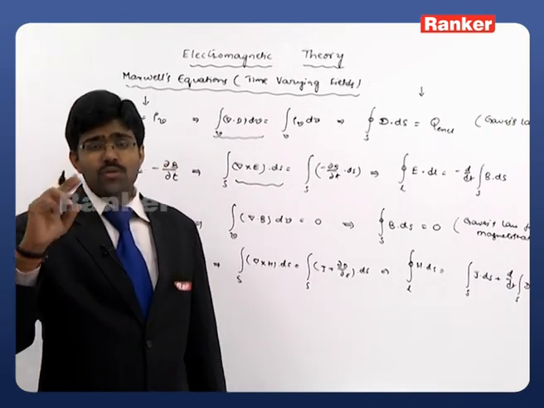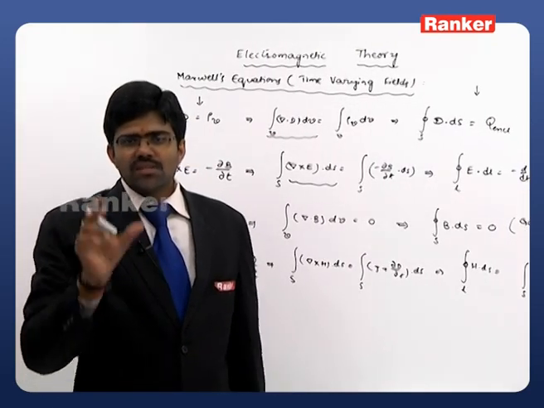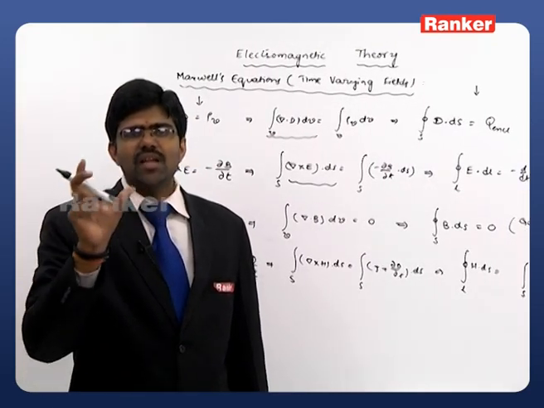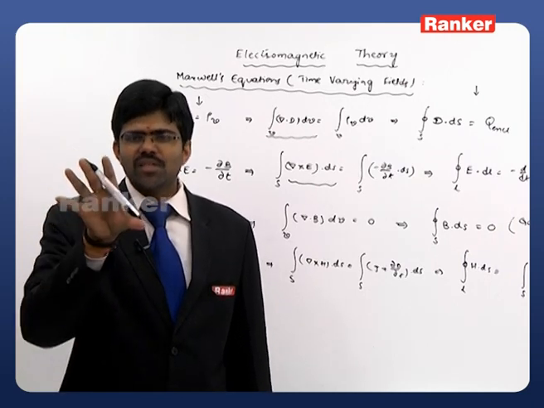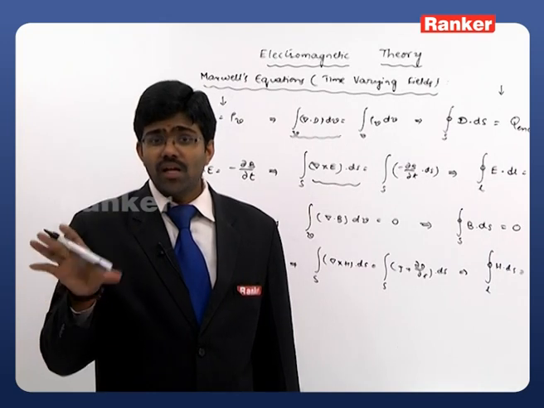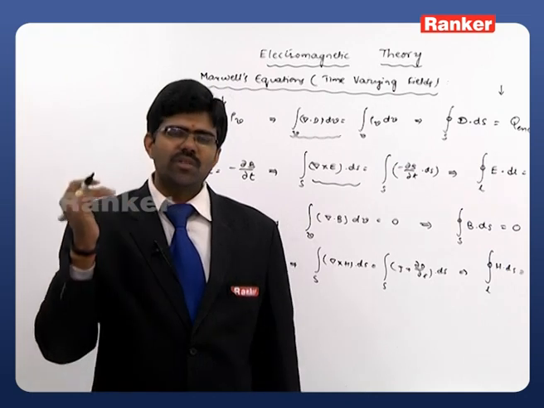Next, you may get confused between Faraday's law and Ampere's law. But don't get confused. Just remember the phrase inconsistency in Ampere's law. There is something which is a problem in our Ampere's law. That's why another term was added. So whenever there is an added term, remember that one as Ampere's law.